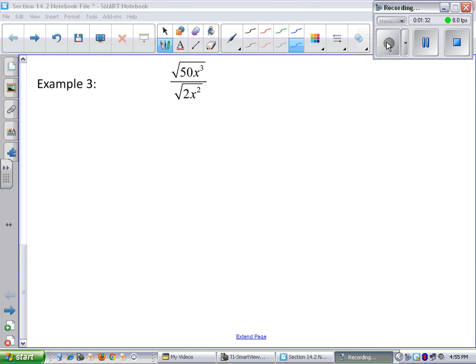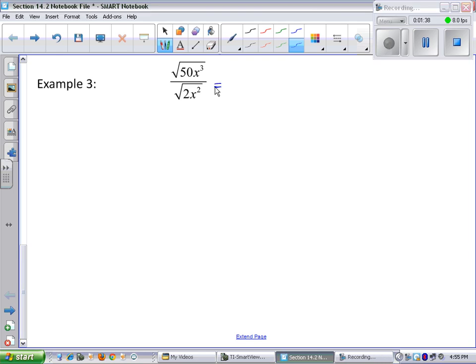The square root of 50x cubed divided by the square root of 2x squared. I could write this under one radical and you could see that it would reduce. You may be able to see that it will reduce without doing this step, but it's very easy to see how it will reduce if you do this step. 50 divided by 2 is 25, and x cubed divided by x squared would just give you x.